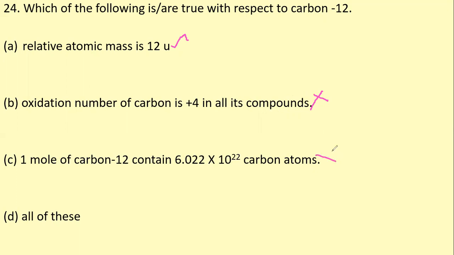It's not the right option, because 6.022 into 10 to the power 22 is not the right exponent of Avogadro's number, which is 6.022 into 10 to the power 23. So this is also not the right option. So for question 24, option A, that is relative atomic mass is 12 unit, is the right option.